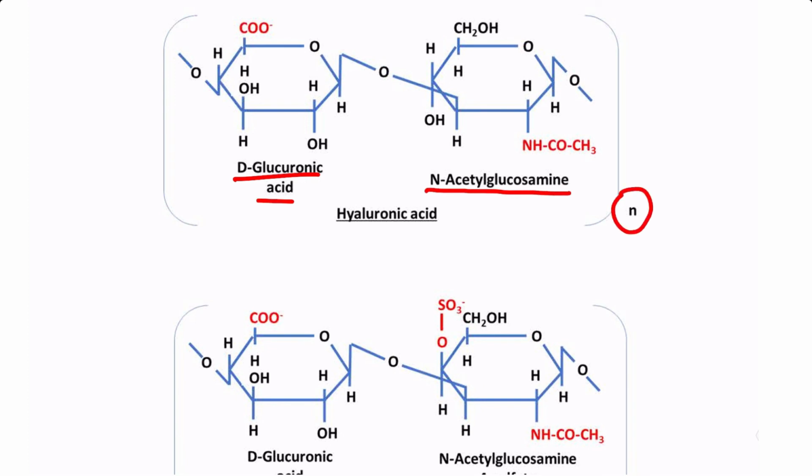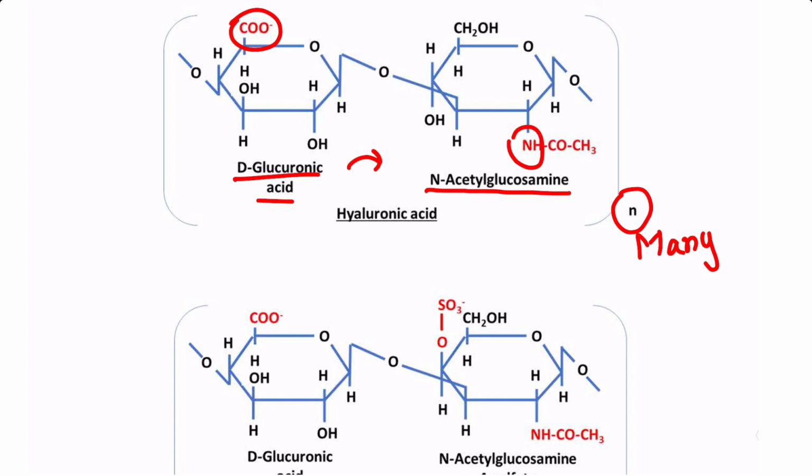The n means many, because many of these units are there. Therefore, it is a heteropolysaccharide, as more than one type of monosaccharide is there. Here one acid group is attached, COO-, and it also has the amine group.